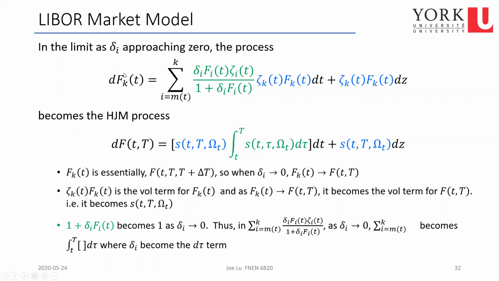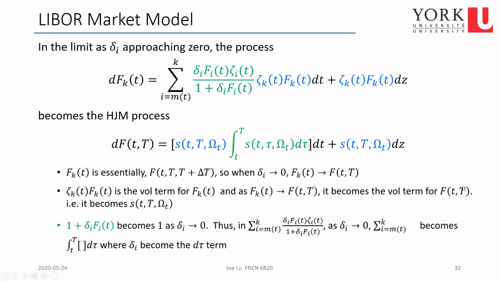So we know this part will convert to this. Now, what does the process here convert to? As delta I approaches 0, this is just the volatility term for this Fk. As Fk converges to F(t, T), it becomes the volatility term for this.